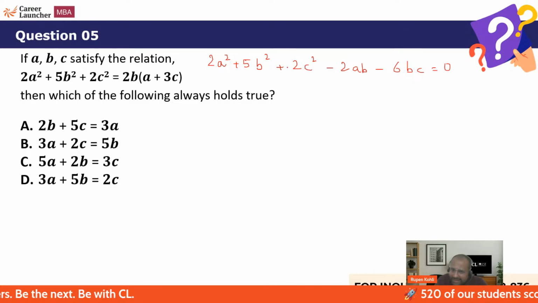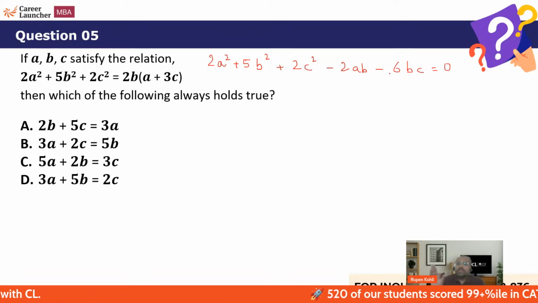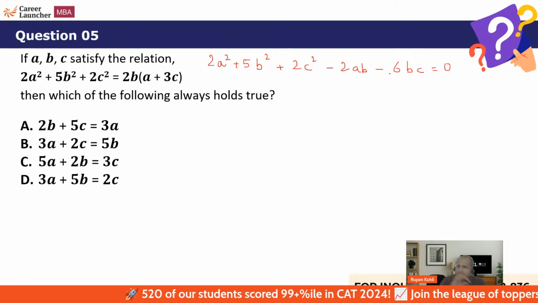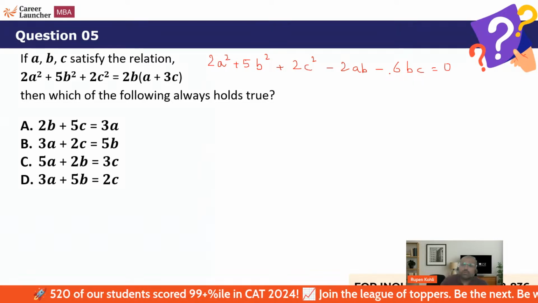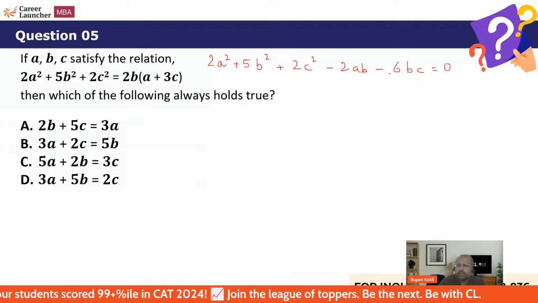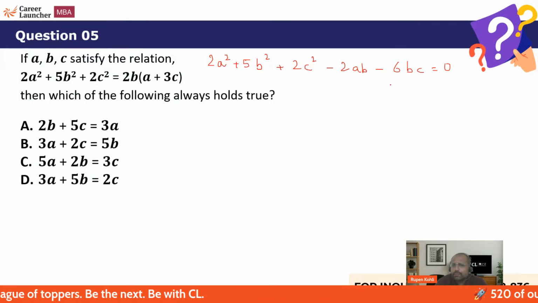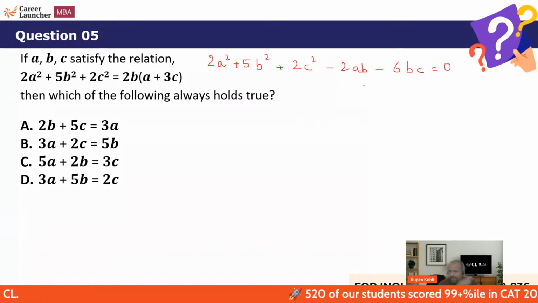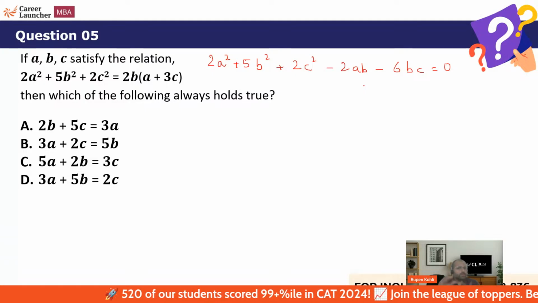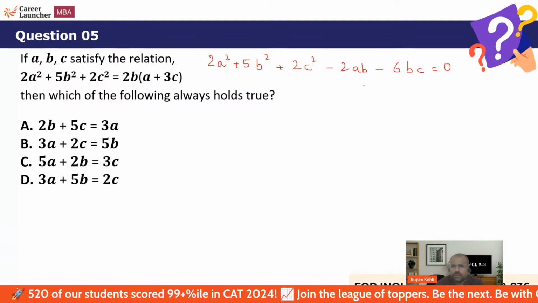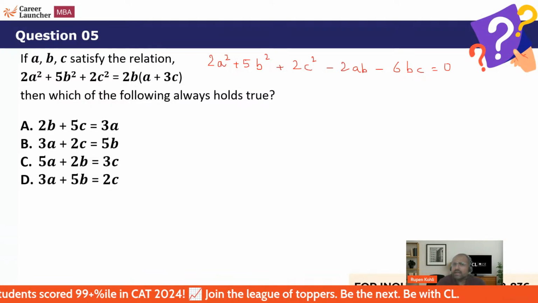You need to multiply this equation throughout with some factor. I just said a while ago, if an equation is equal to 0, then multiplying throughout with anything, whether a constant or a variable, does not make a difference. The thing I said in the second question, in fact. So let's multiply this equation with a suitable number so that I can complete the square. 2a square is right now not a perfect square.